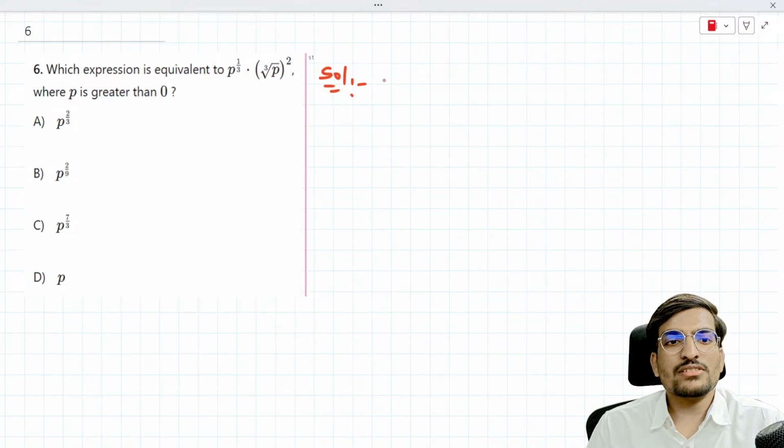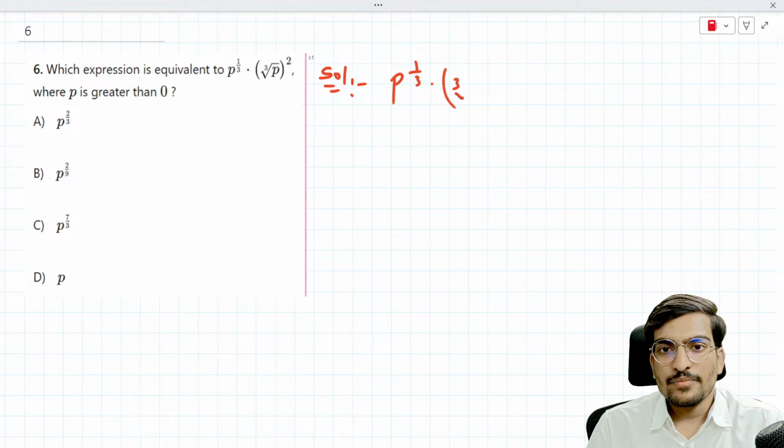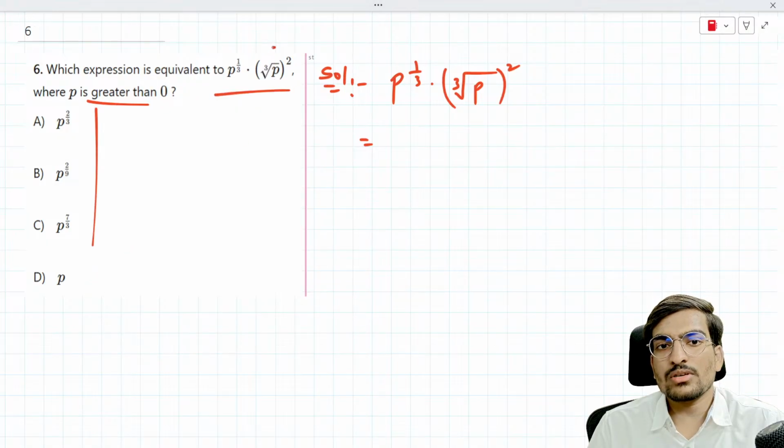Which expression is equivalent to p raised to the power of 1 by 3 and the cube root of p whole square, where p is greater than 0? Here we see the difference between the options and the given question: there is no root. So just try to remove the root. How can we remove the root? You see the bases are the same.